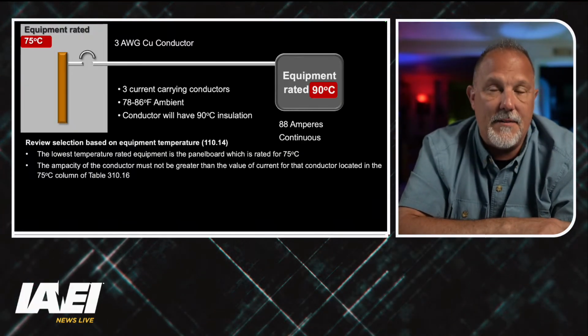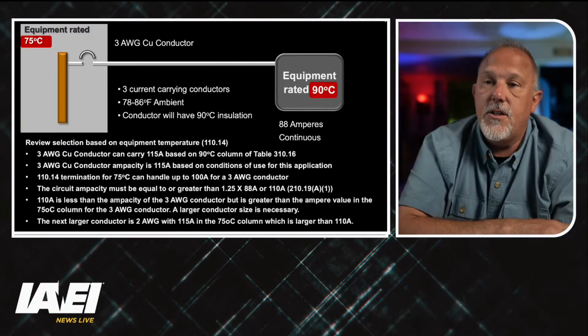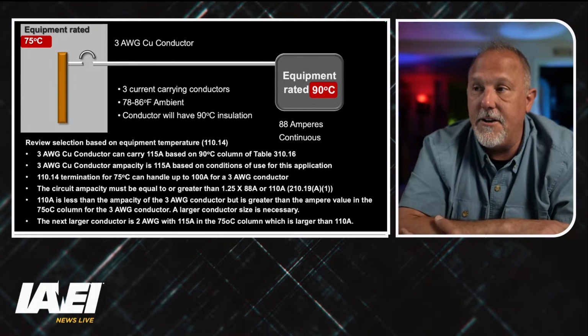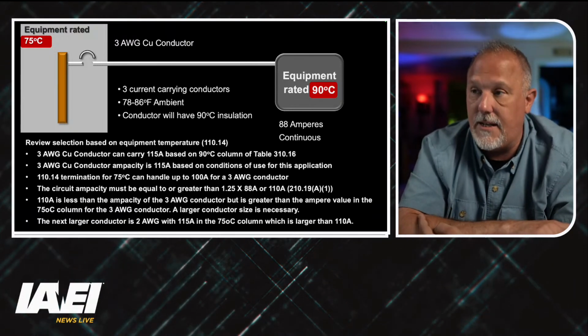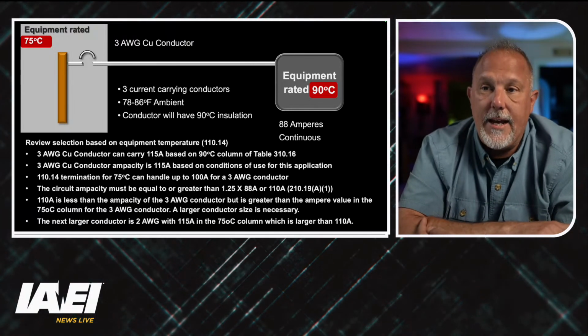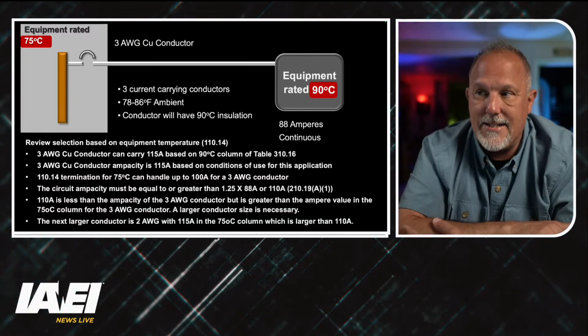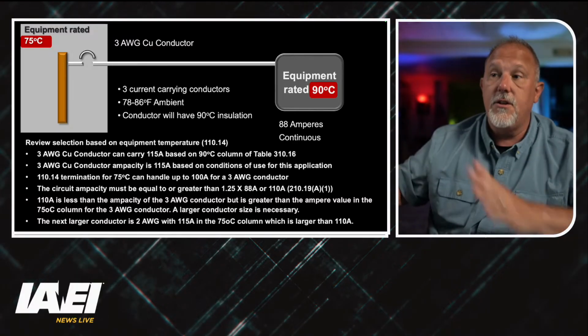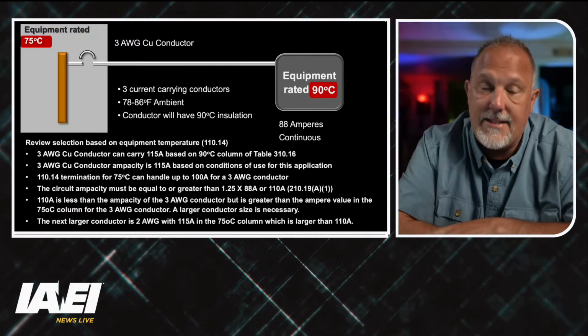I know, again, I'm at 75 degrees C. A 3 gauge copper conductor ampacity is 115 amps because I'm meeting all the conditions of use of table 310.16.